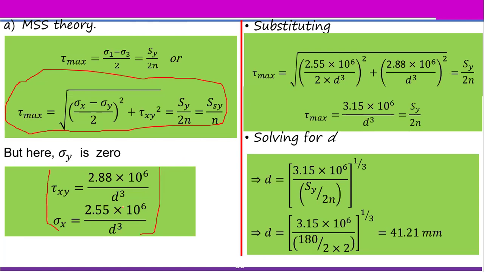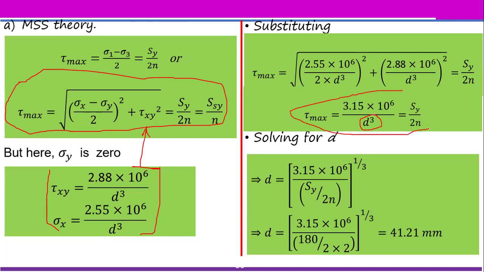Now, if you substitute these values into this equation, then you'll get this expression. Don't forget, SY is already known. It is equal to 180 megapascal or 180 Newton per millimeter square. If you substitute it here, then the only unknown value will be the diameter of the shaft.